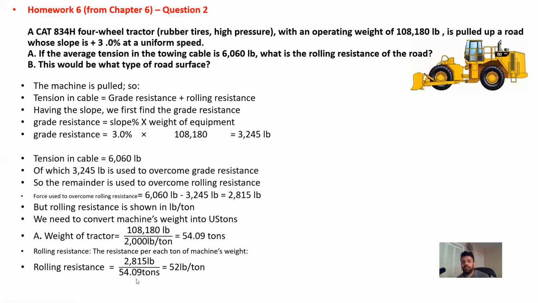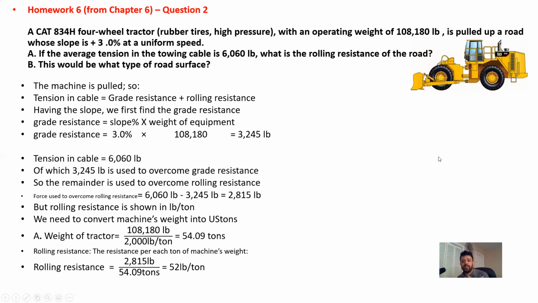But we want to know the rolling resistance per 1 ton, per every ton of the machine. So since this machine is 54 tons, we need to divide the entire rolling resistance given in pounds by the weight of the equipment, and it gives us the rolling resistance based on pound per ton. Why should we do this?